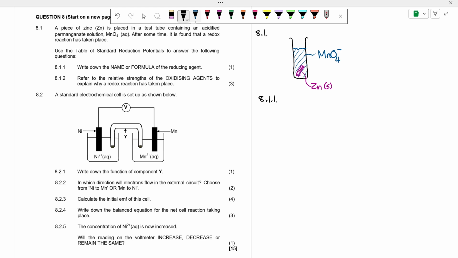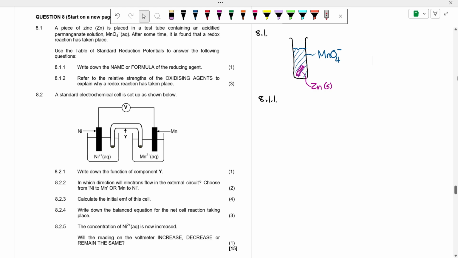Use the tables of standard reduction potentials to write down the name or formula of the reducing agent. Okay, fine. We just need to check the half reaction for zinc and also the half reaction for permanganate that is being acidified. That just means we will have some H pluses inside the half reaction.